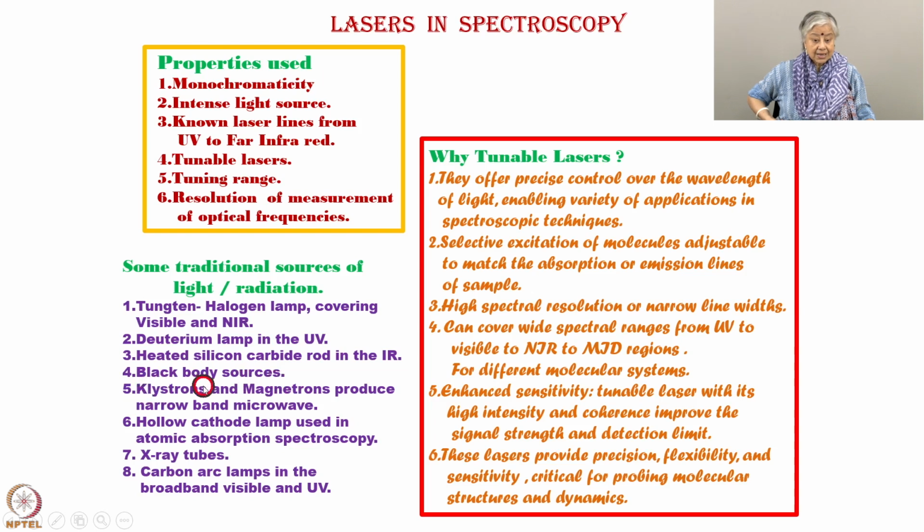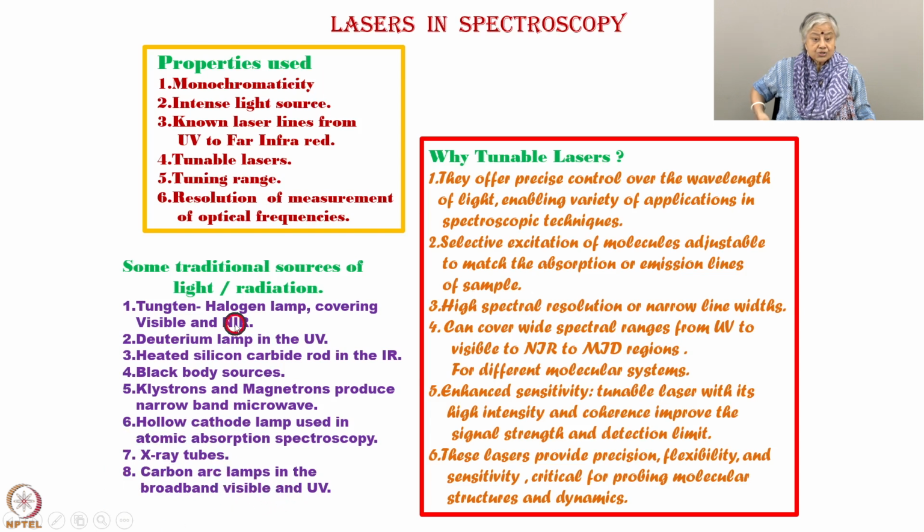And then you have the klystron and the magnetrons, which produce narrow band microwaves. These instruments are used in your microwave ovens, by the way. And then hollow cathode lamps used in atomic absorption spectroscopy, X-ray tubes, and carbon arc lamps in the broad visible and ultraviolet.